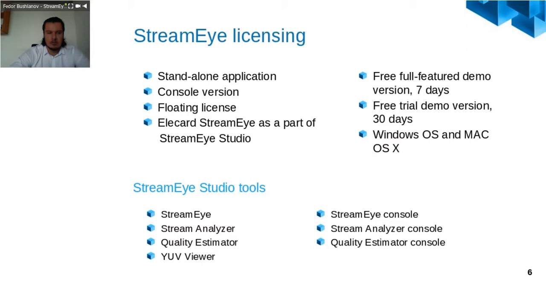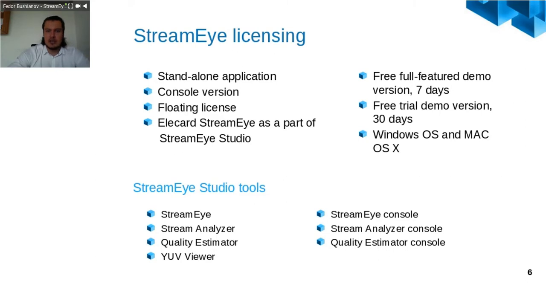So we can move StreamEye windows to different monitors and basically make our workflow easier. This is how we can use StreamEye with high resolution streams. Just use the zoom button.